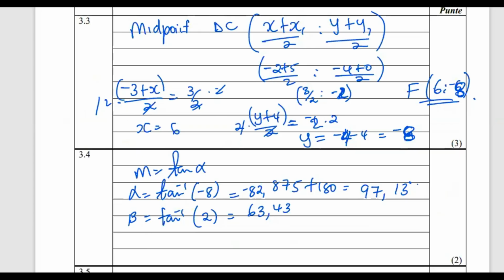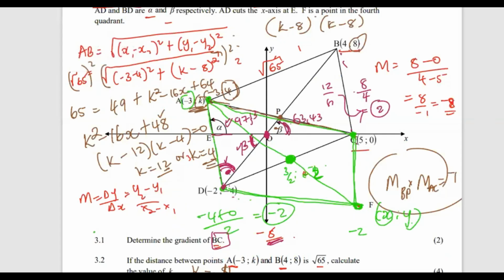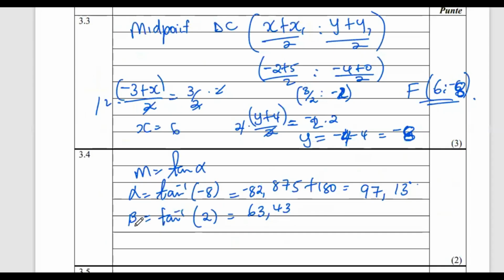So to get the ADO, it will be just the difference between the two, 97,13 minus 63,43. When we subtract that, I'm getting 33,7 degrees.